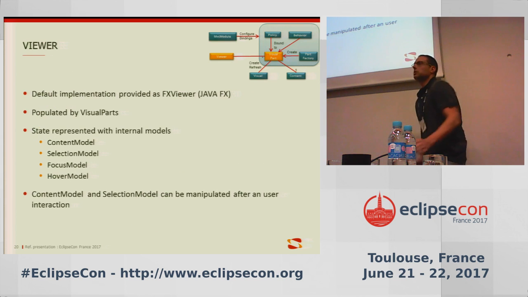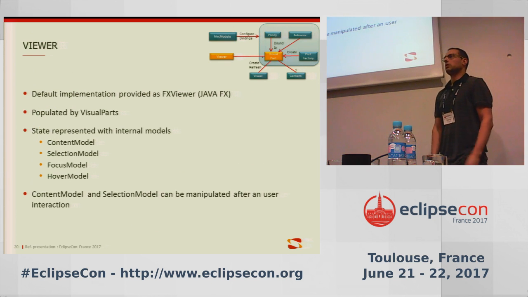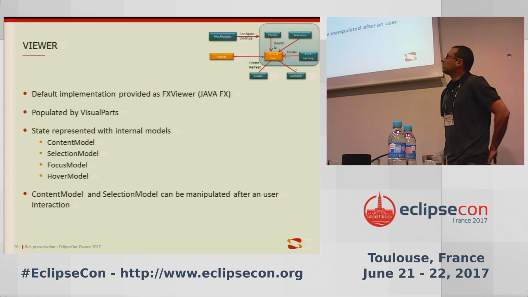Now the viewer, you have also a default viewer provided for JavaFX. So it's populated by visual parts, and it uses in fact the scene component of JavaFX, where all the drawings will be rendered.